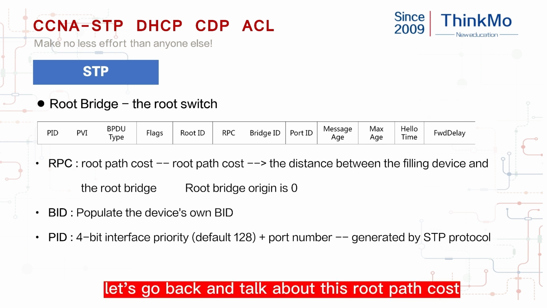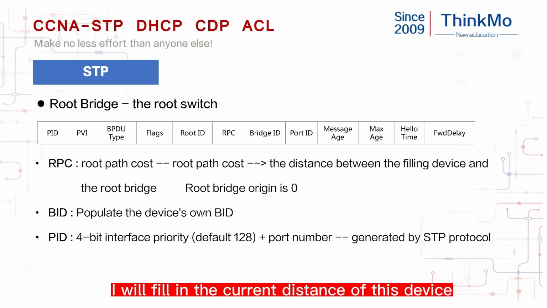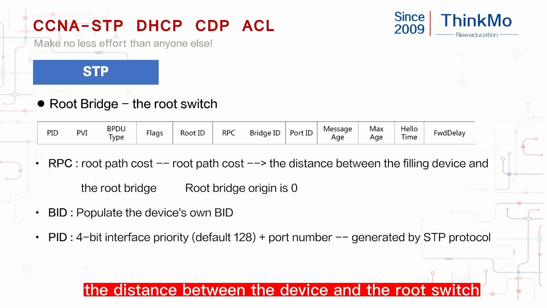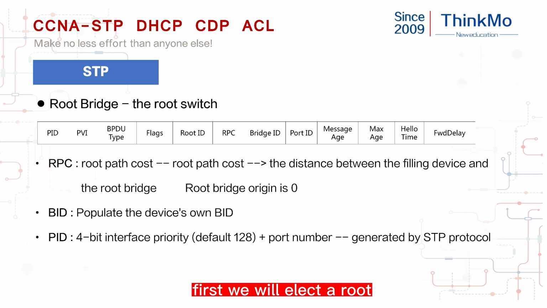Let's go back and talk about the root path cost. We didn't finish talking about this in the last class. For the current device, I will fill in the current distance of this device from the root bridge, that is, the distance between the device and the root switch. We are going to have a role election now. First we will elect a root.